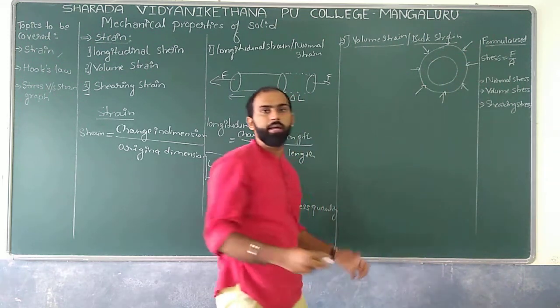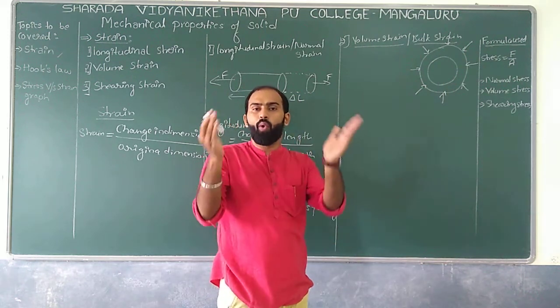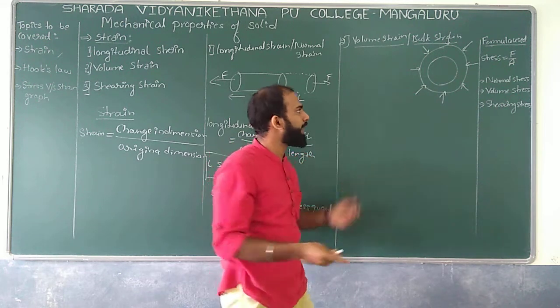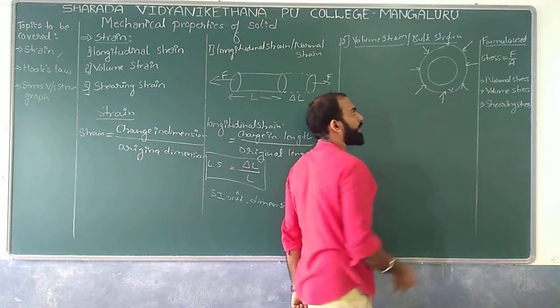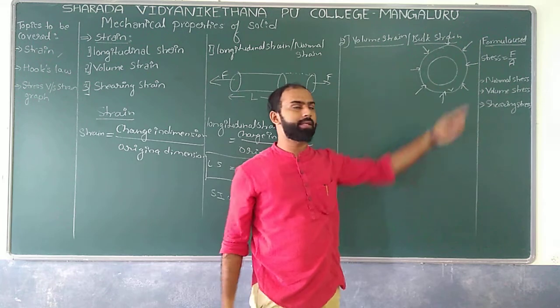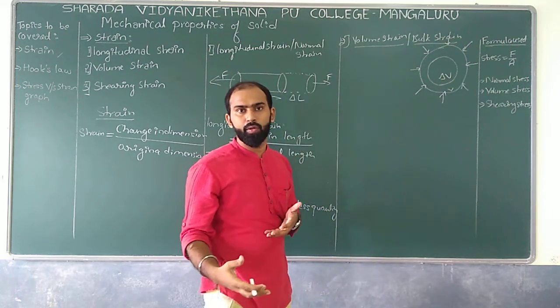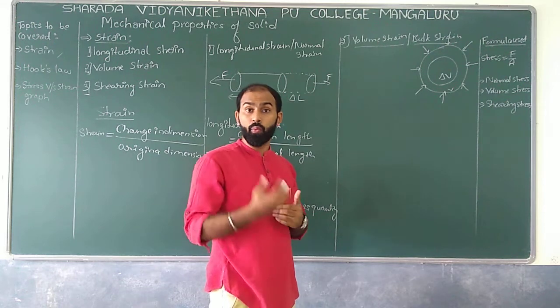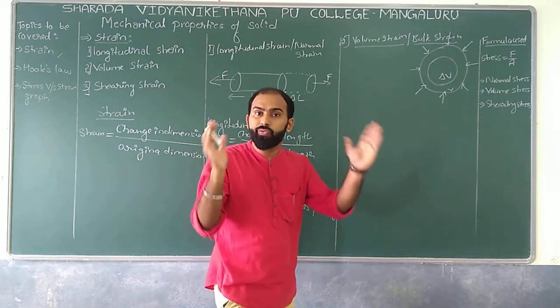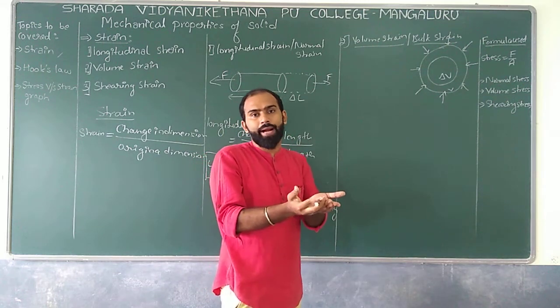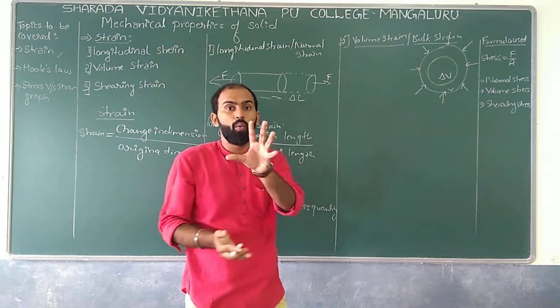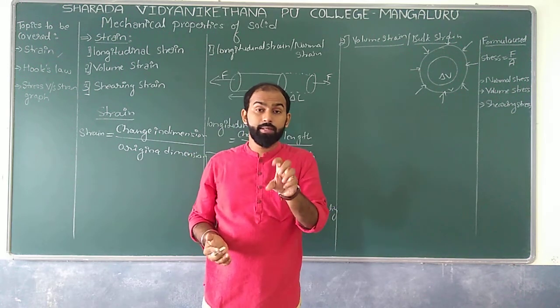If I say the initial volume of the sphere is V, what is delta V? That is nothing but the change in volume. Do you think its shape changes? No. Whenever we have a uniform force acting on any surface, its volume is going to decrease, not its shape.